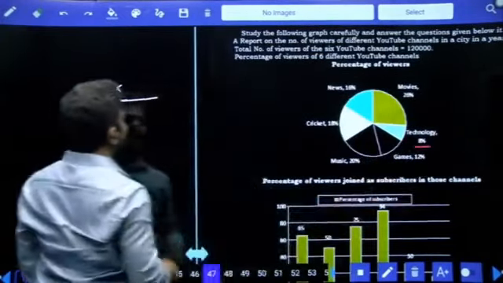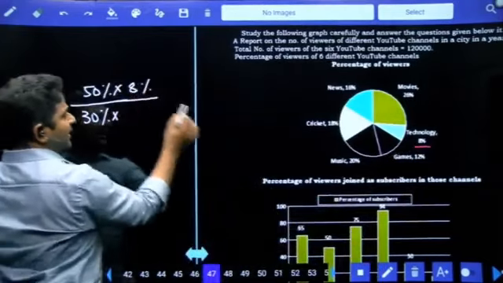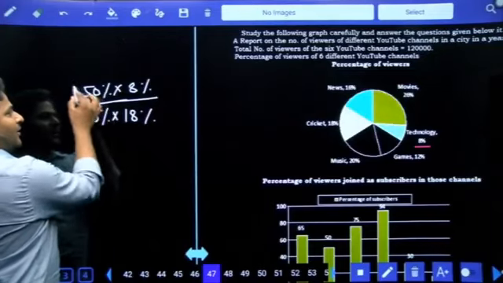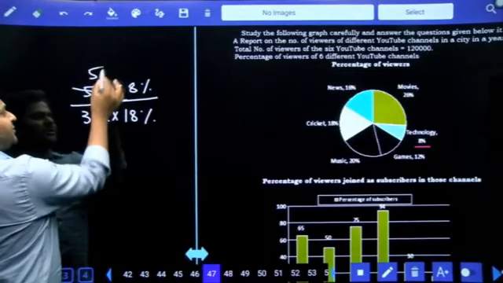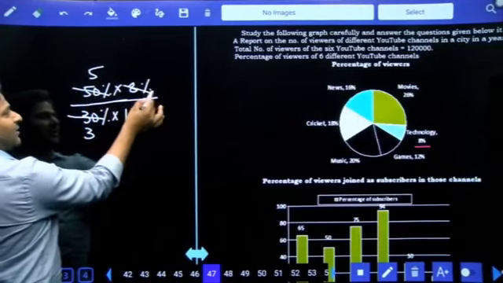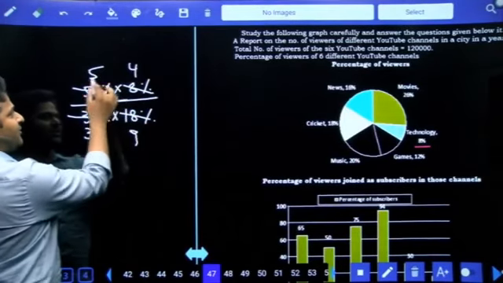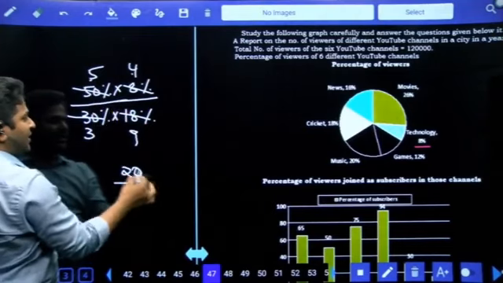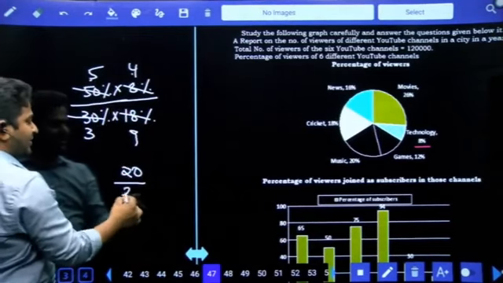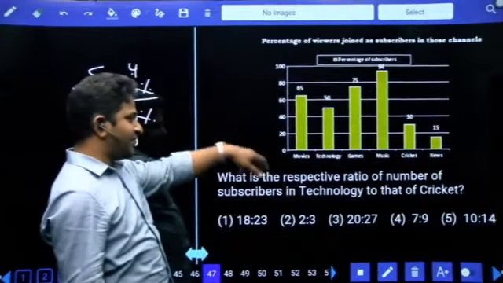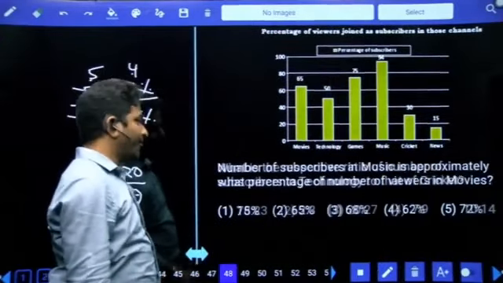Technology here we have 8 percentage, and in cricket we have 18 percentage. 10 5 times here, 10 3 times here, 2 4 times, 2 9 times. No more simplifications. 5 4 is 20, 9 3 is 27. 20 by 27 is our ratio. 20 by 27, third option answer.